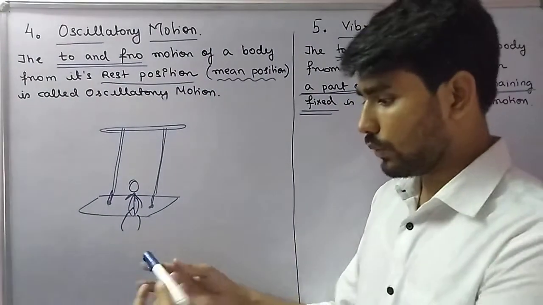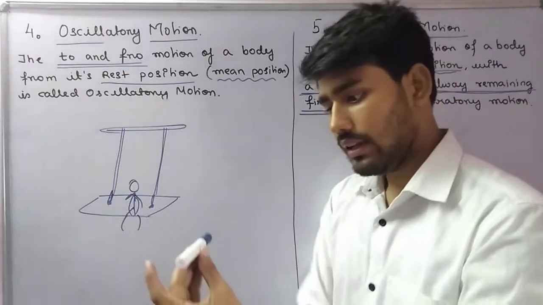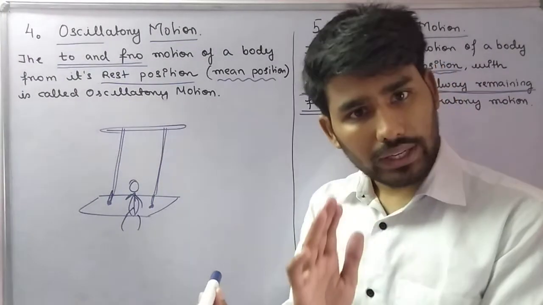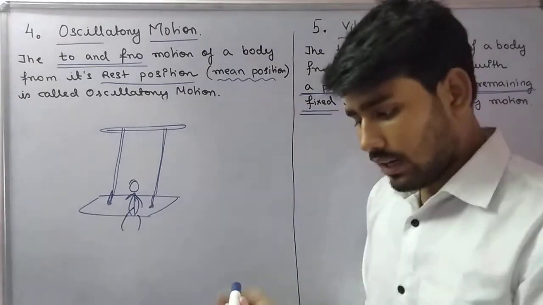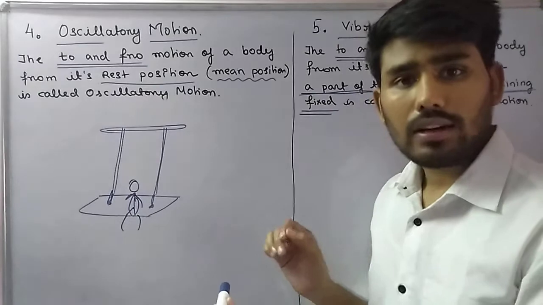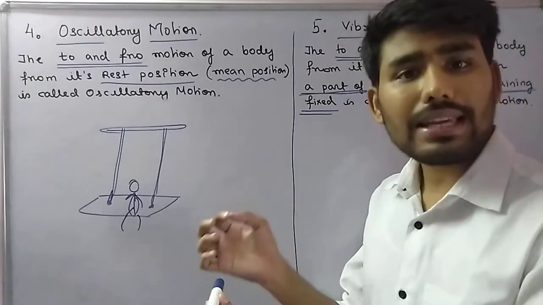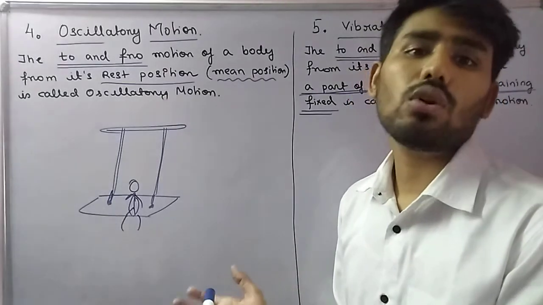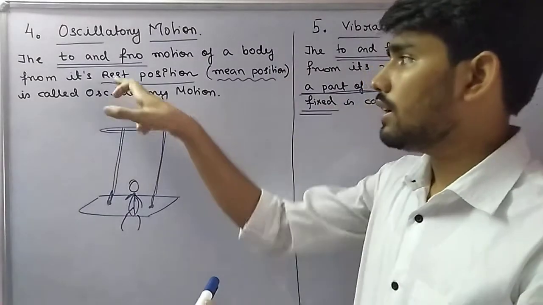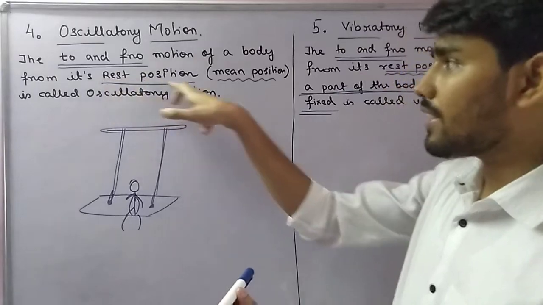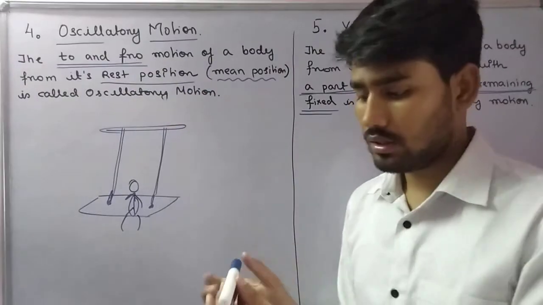If this is the swing, initially the swing will be at rest. The position in which the swing is at rest is called the rest position or mean position.